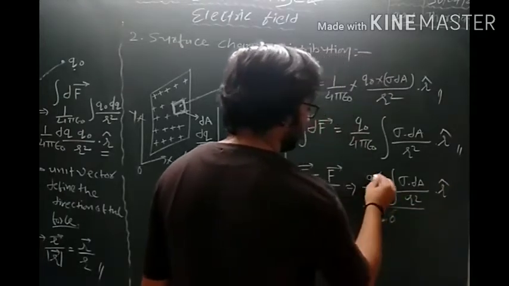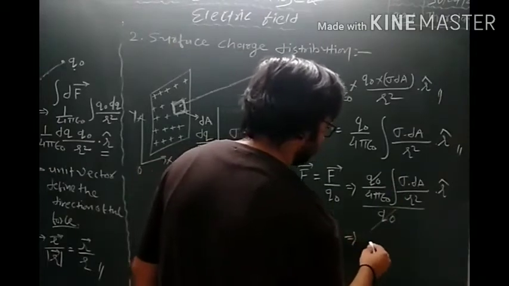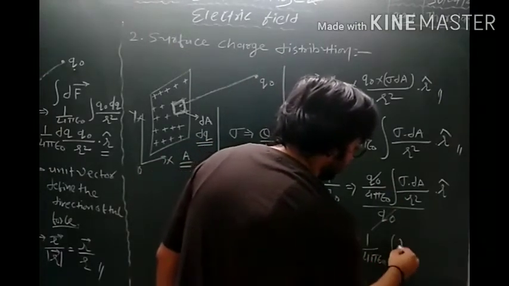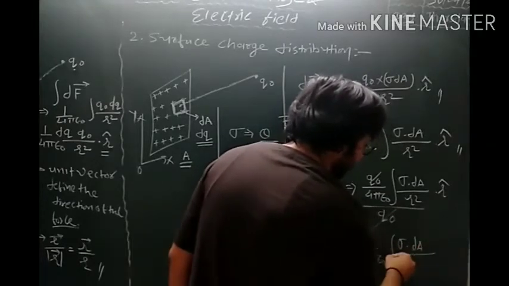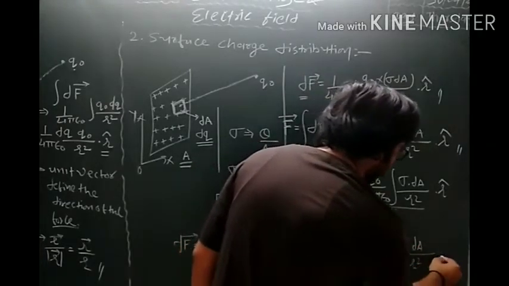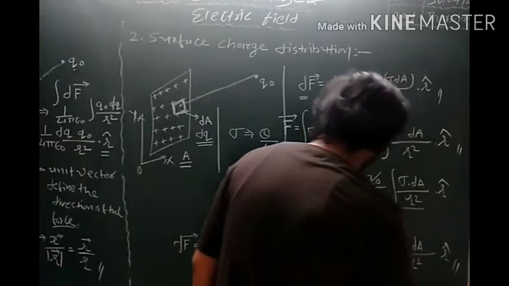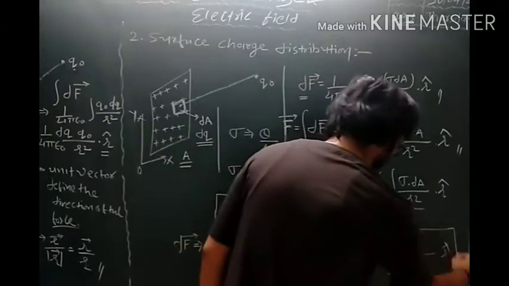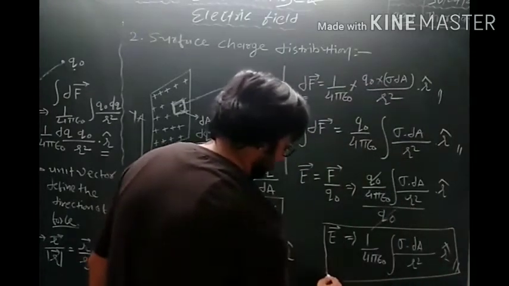So q naught is cancelled out. So finally we get the equation 1 upon 4 pi epsilon naught, sigma into dA divided by r square into r cap. So the electric field produced at q naught is given by this equation.